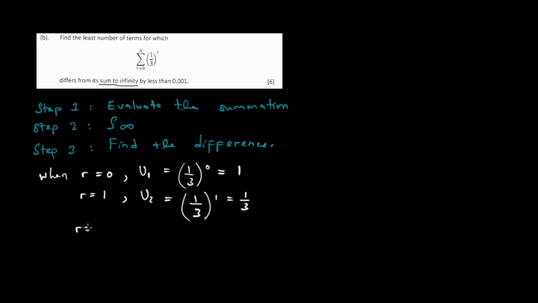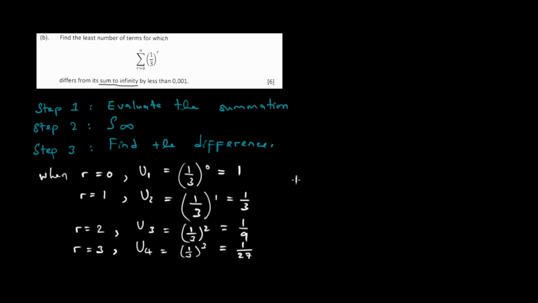Kana r iri equal to 2, the third term is a third squared, which is 1 over 9. And lastly, kana r are equal to 3, the fourth term is a third cubed, which is 1 over 27.